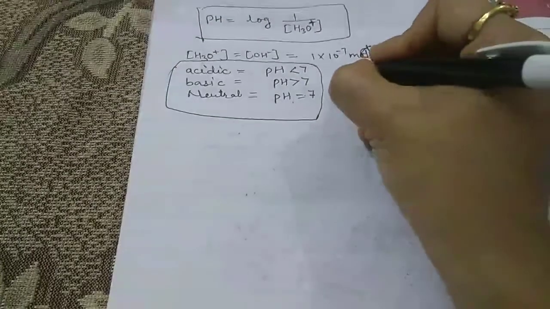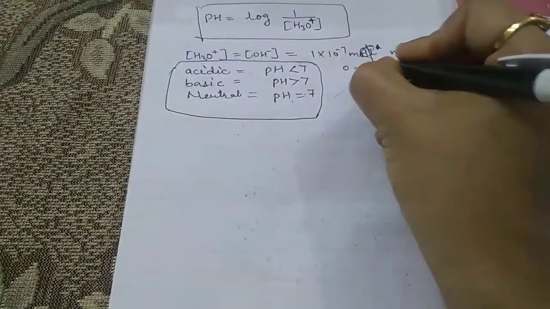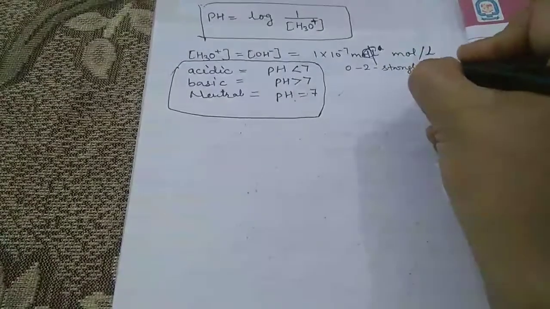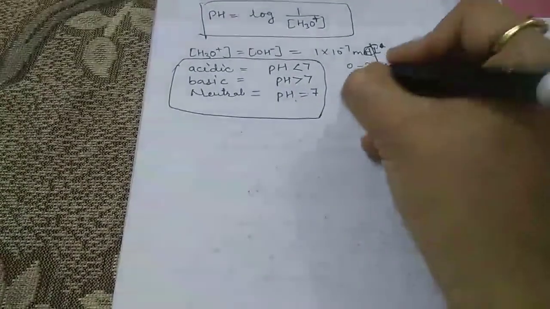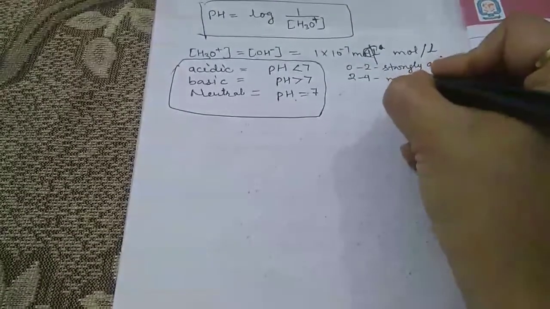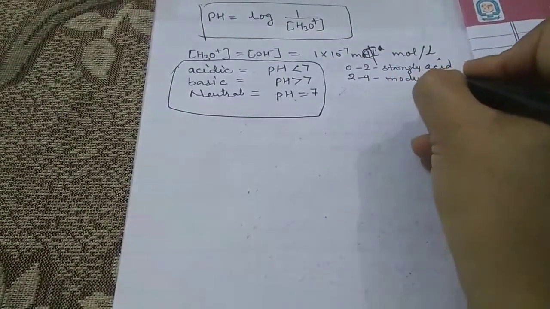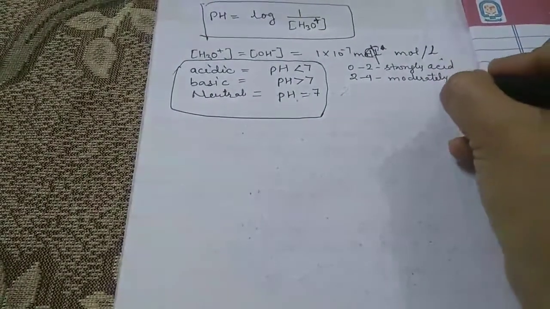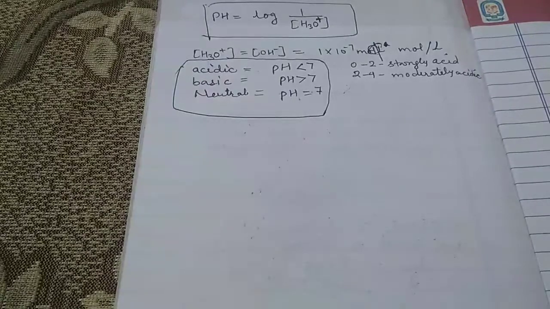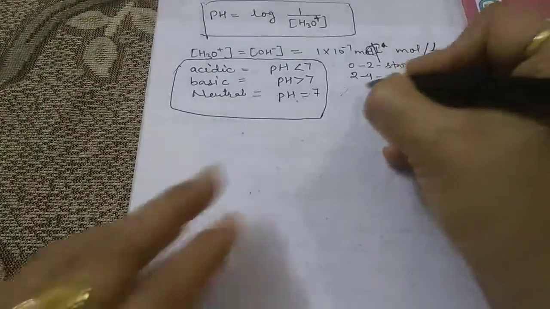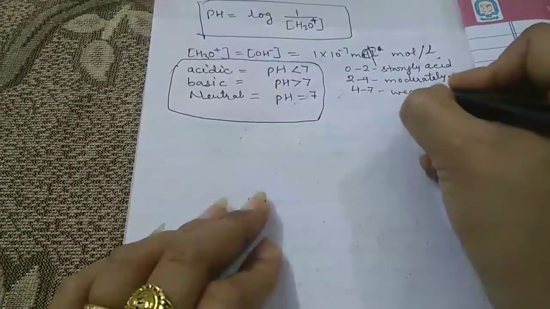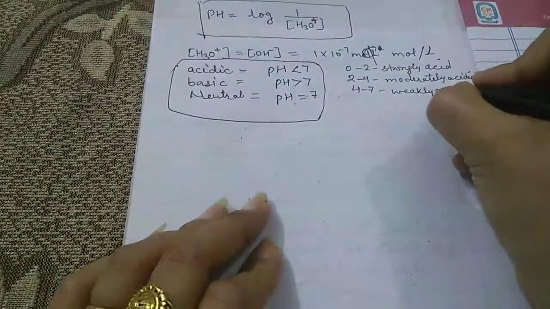And between 4 to 7, they are weakly acidic.